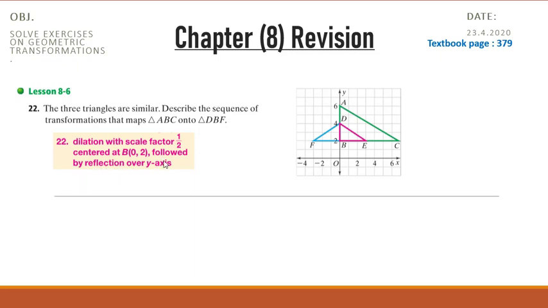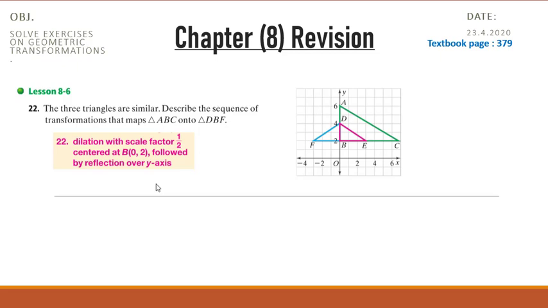And guys, when you give a transformation, you should make sure that when you say reflection, you say reflection over which axis. When you say translation, you should say how many units to the right and how many units up or down.